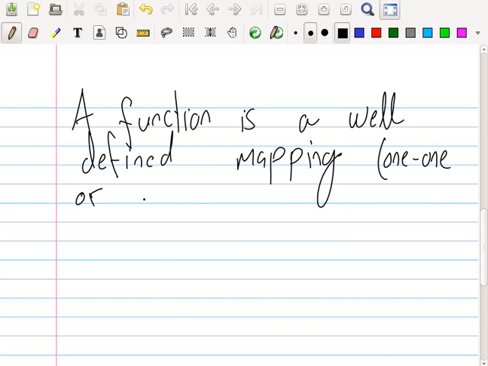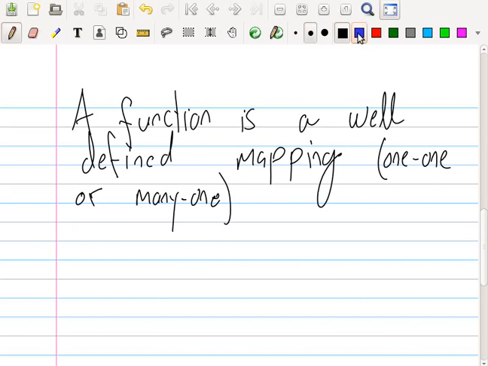We could also have many to 1. So, if I say a function is a well-defined mapping, all I'm really saying is a function is a 1 to 1 or a many to 1 mapping.